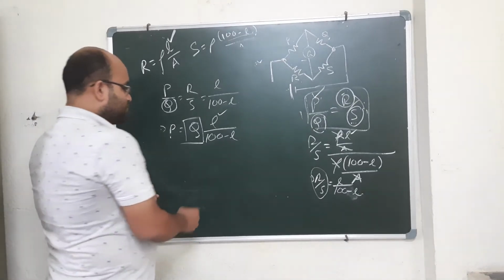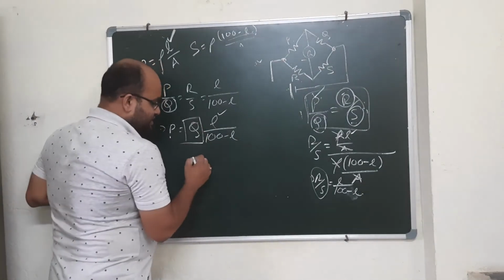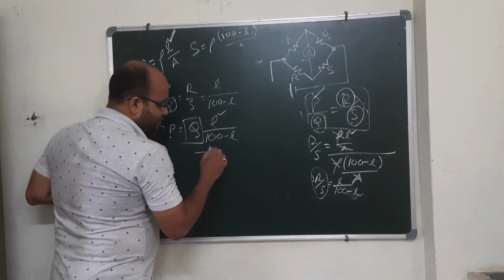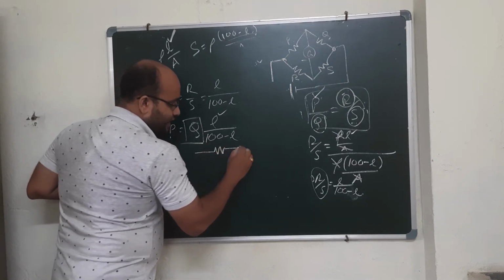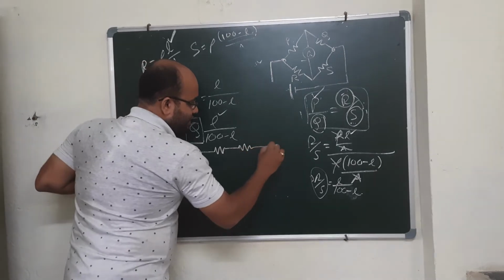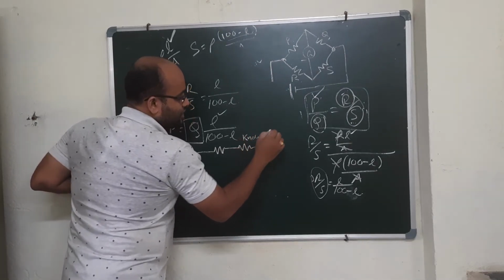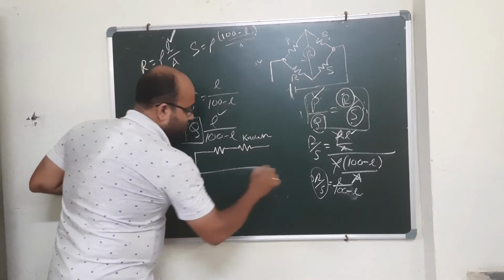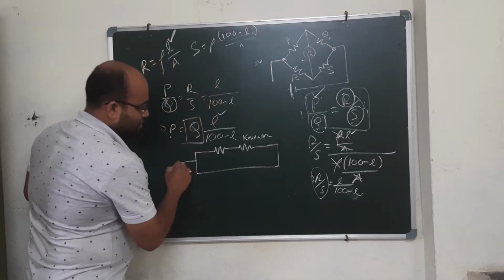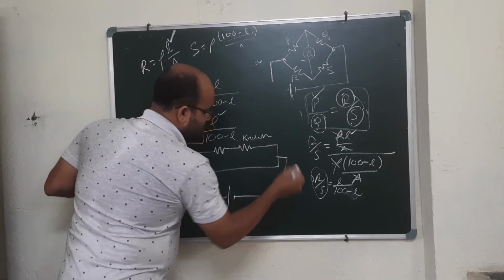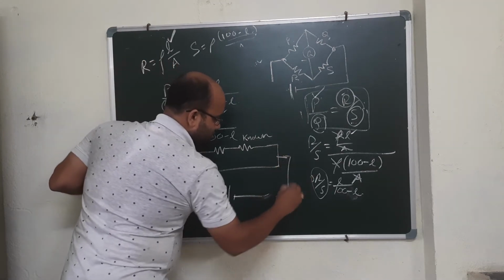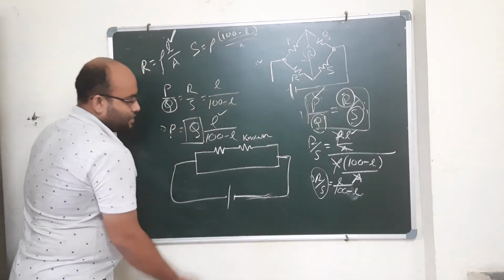So what is the gist of this practical? The gist is we have a resistance over here. In P we have a known resistance. In Q, we have a wire like this, a power supply like this, sorry.